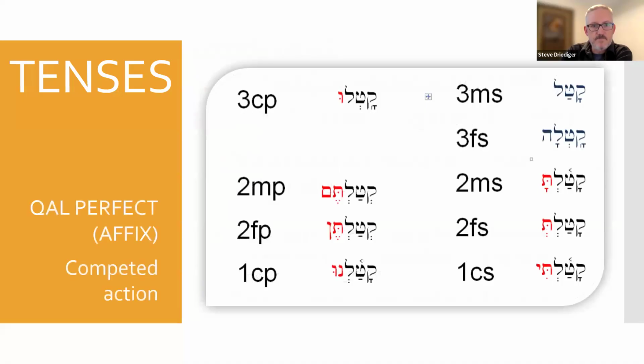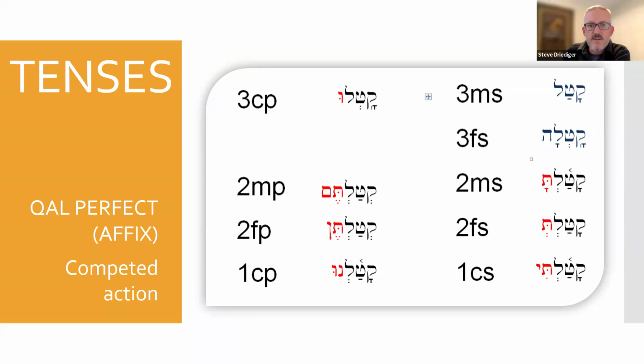Let's just take a look at the example. So here, what we have is the perfect tense or perfect aspect of the verb katal. What you see in red there, and the third feminine singular is missing the red bit, the third feminine singular, the qamets and hey at the end of it, those should be red.